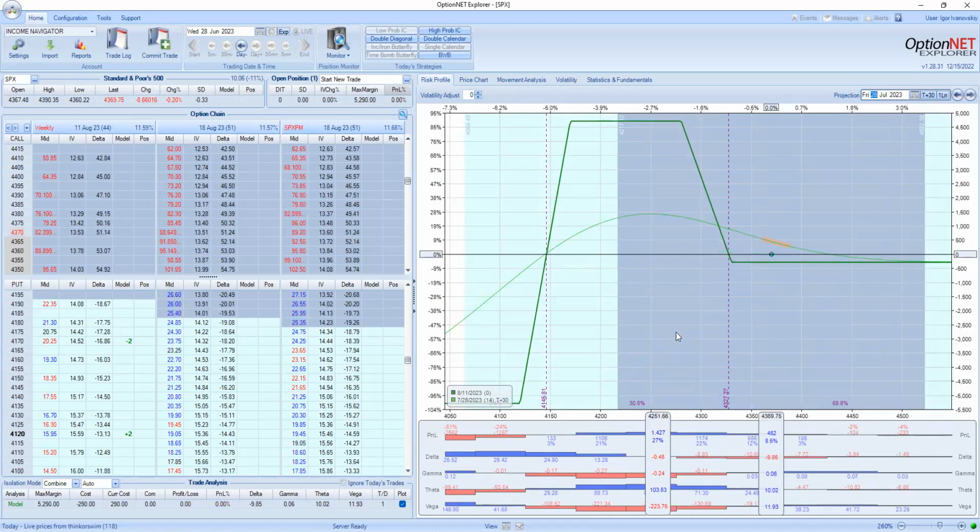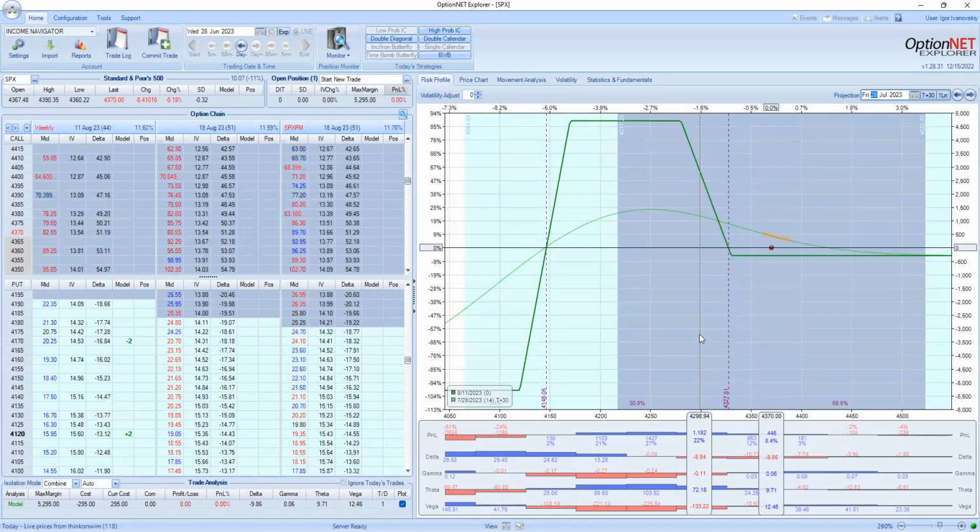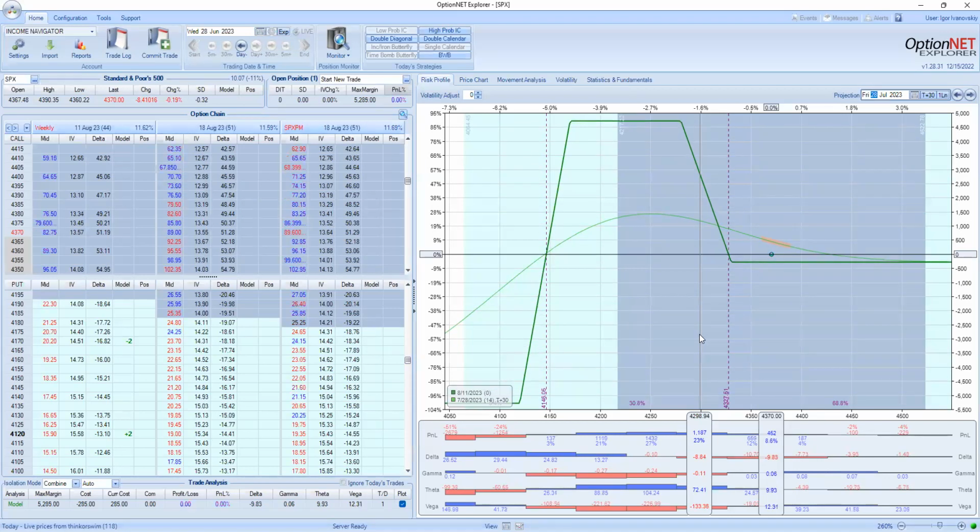At 4,300 in 30 days, you will more than exceed your profit target, right? Based on this pricing model, at 4,300, 30 days from now, your unrealized P&L should be somewhere around 1190, which is just a little greater than 2x your profit target.